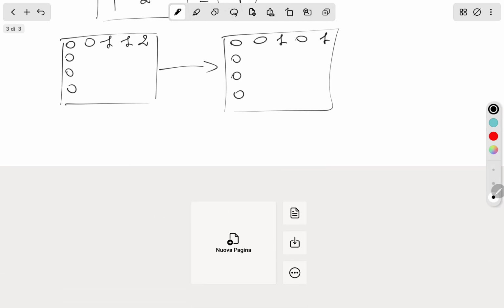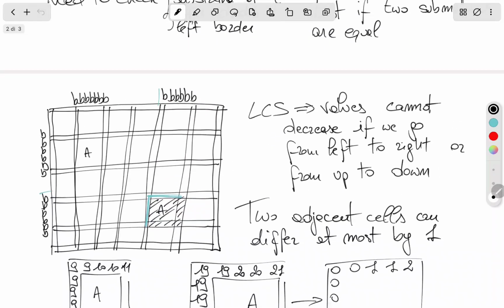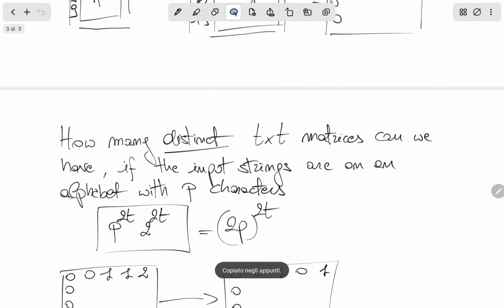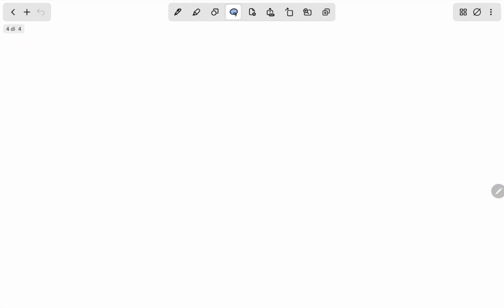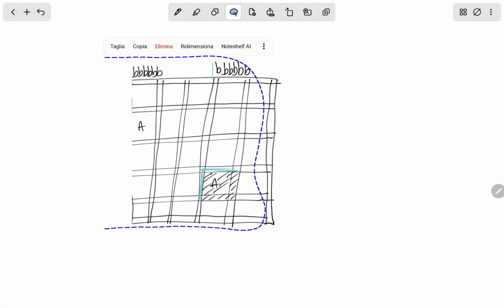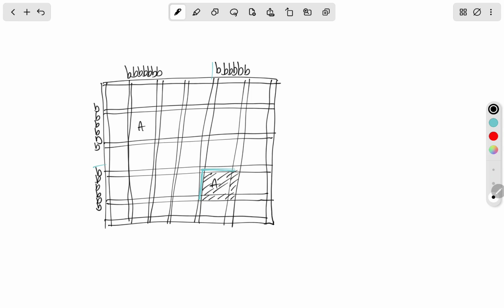But now we go back to our original case.